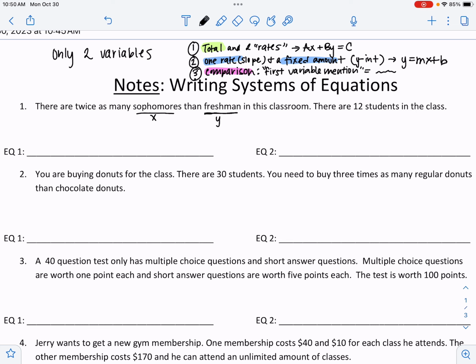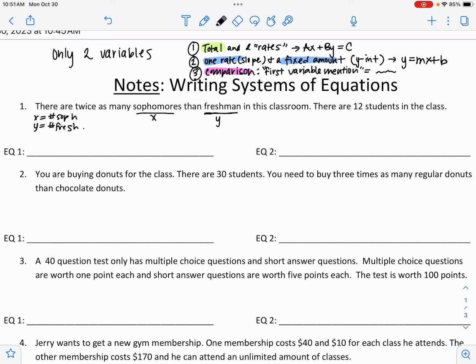The thing you don't want to do is pick a third variable for students. You only get two variables from these. So X is going to be the number of sophomores. Y is going to be the number of freshmen. Those are the variables we're dealing with.